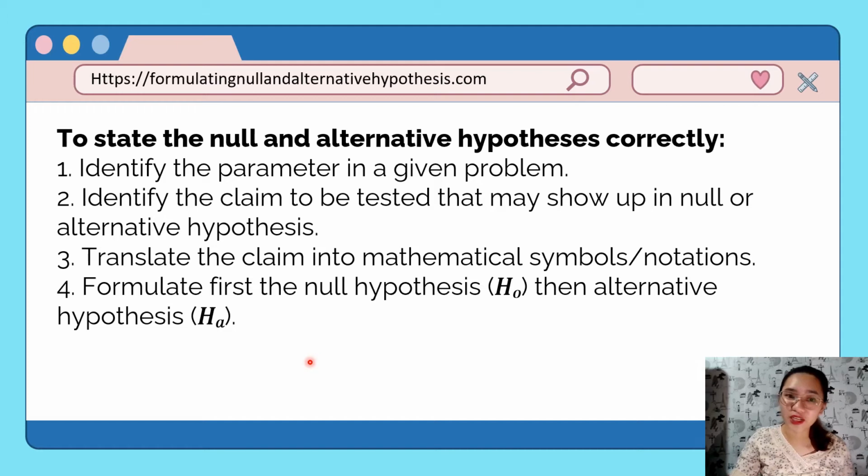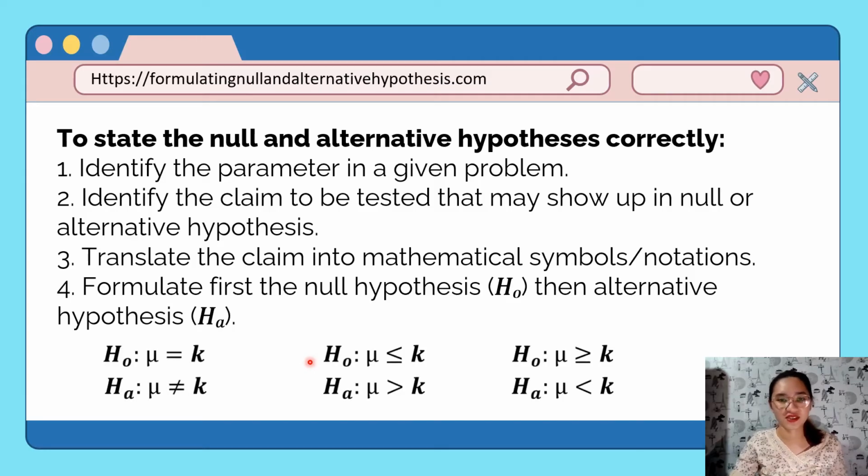We can formulate or write your alternative and null hypothesis in these three different ways. Ayan. Siyempre, either lang naman dito sa tatlong ito yung makukuha mong hypothesis. So, kung yung hypothesis mo has the symbol or notation of equal, siyempre kung equal po yan, yung alternative hypothesis mo is not equal. So, kabaliktaran niya.